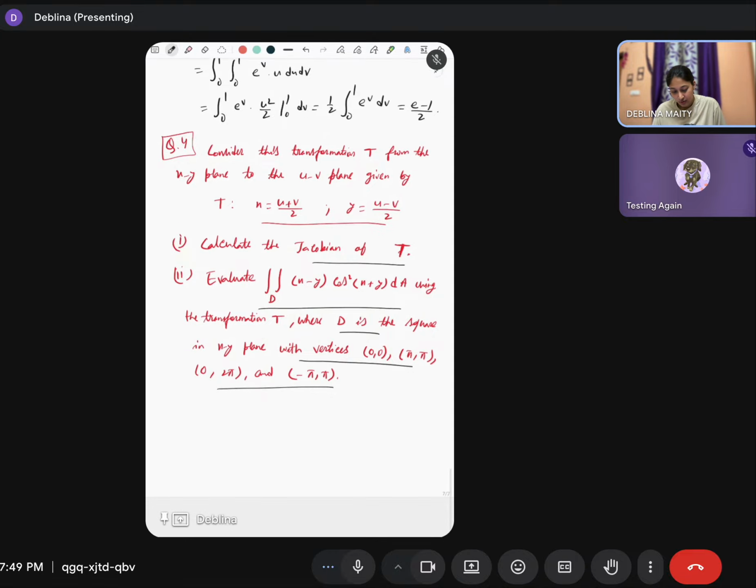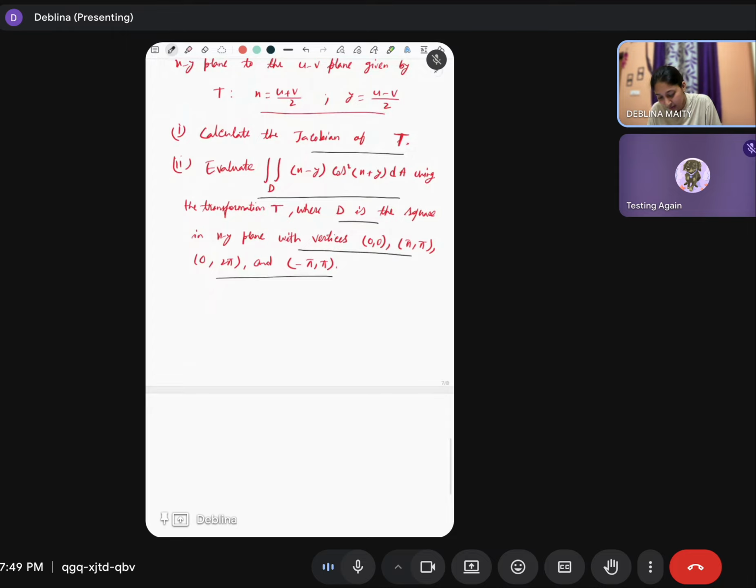Okay, so in the xy plane, what is this region? This is a square with vertices 0 0, pi pi, minus pi pi, and 0 2 pi.